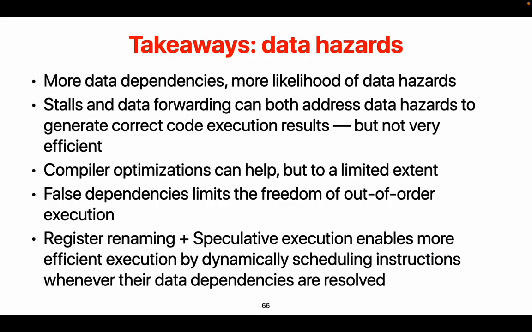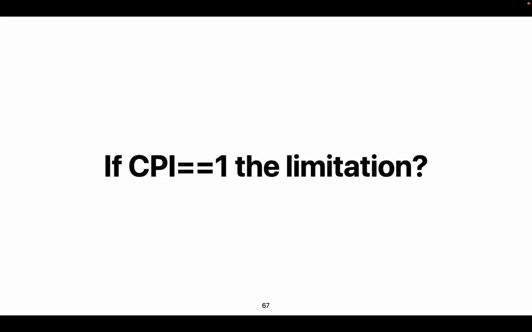So here's the thing. On the hardware side, we have register renaming and speculative execution to enable more efficient execution by dynamically scheduling instructions whenever their data dependencies are resolved. However, right now, you might be wondering, whenever I show the demo, I sometimes see the CPI is smaller than 1.